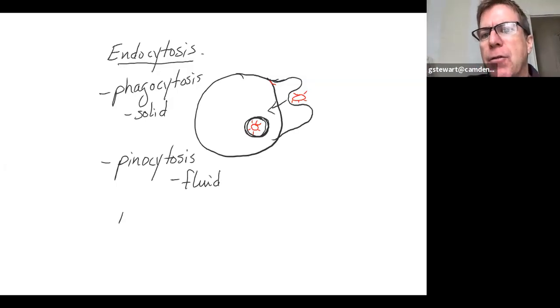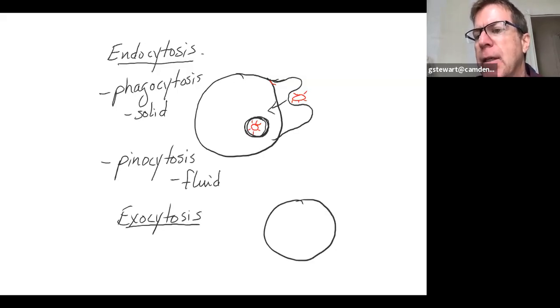And the term exocytosis is just the opposite of endocytosis. It literally means to spit out of the cell. So if my cell has something it needs to get rid of, could be this thing. Some immune cells in our body engulf bacteria like I've drawn up here.